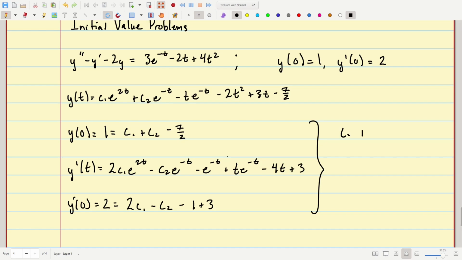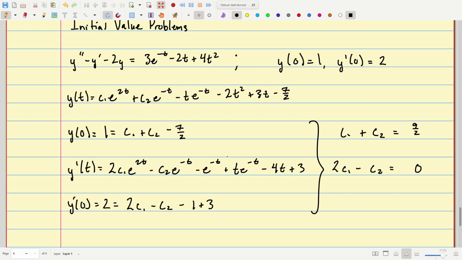We're going to have c1 plus c2 is equal to 9 halves, and 2c1 minus c2 is going to be equal to 0. Agree with all that.